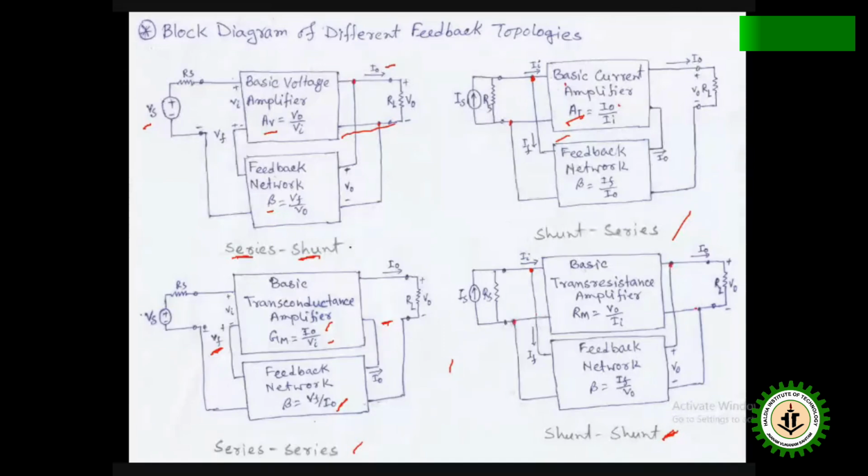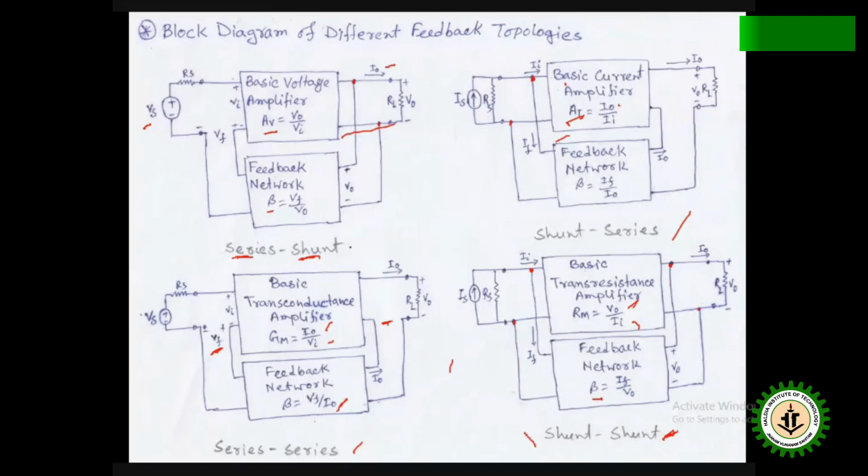For this, we use basic transresistance amplifier, where the output is V naught and input is I. So here Ii is nothing but Is minus If, because If is in the opposite direction. So feedback network gain beta is nothing but output by input. Output is I, which is If, and input is V, which is V naught. So If by V naught. So this is the block diagram of the four topologies.